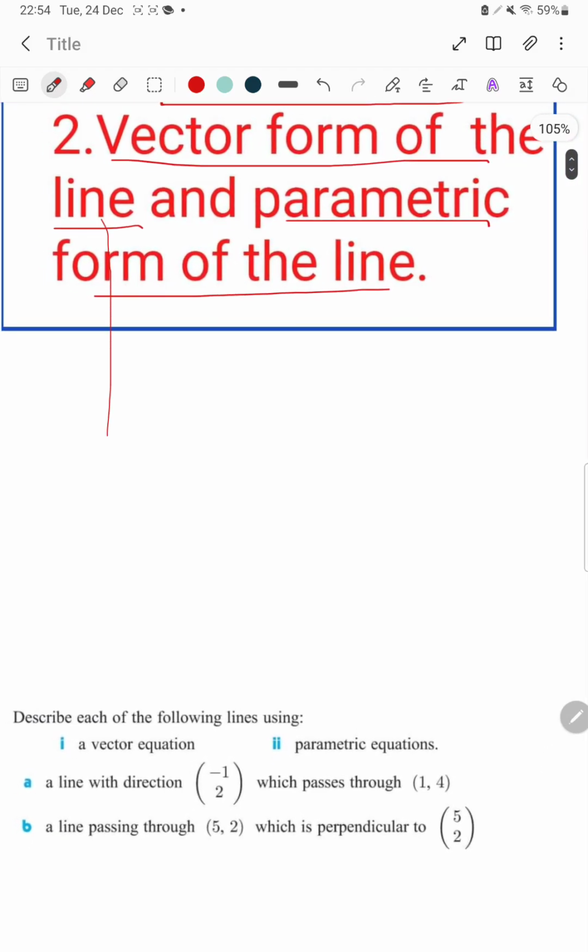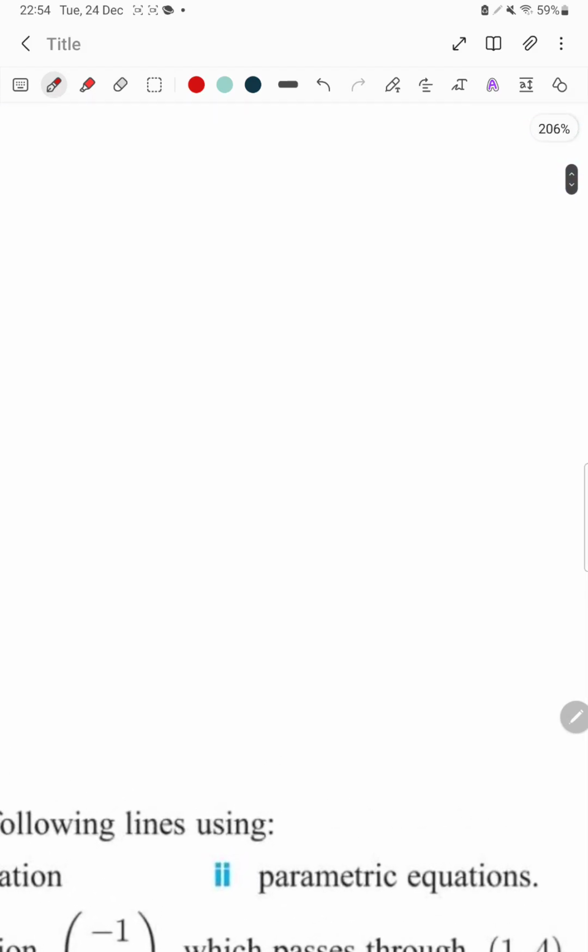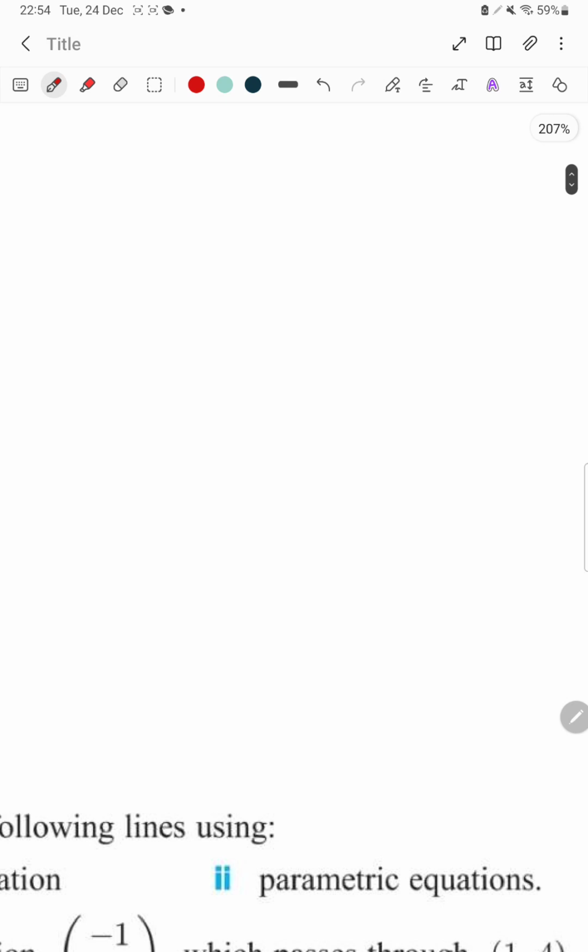Now, a very simple thing: we have to describe the equation of a line. Let's say I am drawing a line and I will be given its direction also. So for example, this is a line and two pieces of information will be given to me for this line.